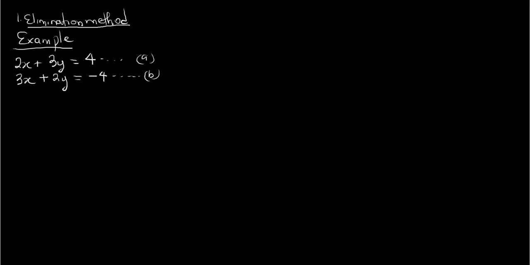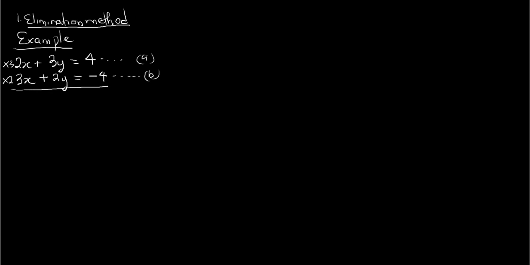By looking at these equations, we can choose x, for example. What do we do to make the coefficients the same? We can multiply the first equation by 3 and the second equation by 2.